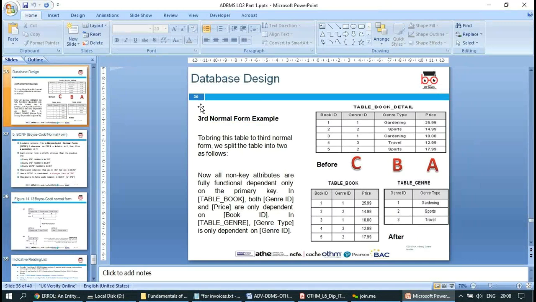Genre type and ID have a close relationship. Instead of mentioning the genre type every time, they have done the same trick here: they give a genre ID, keep the genre type and ID in a separate table, and just keep using this genre ID only.